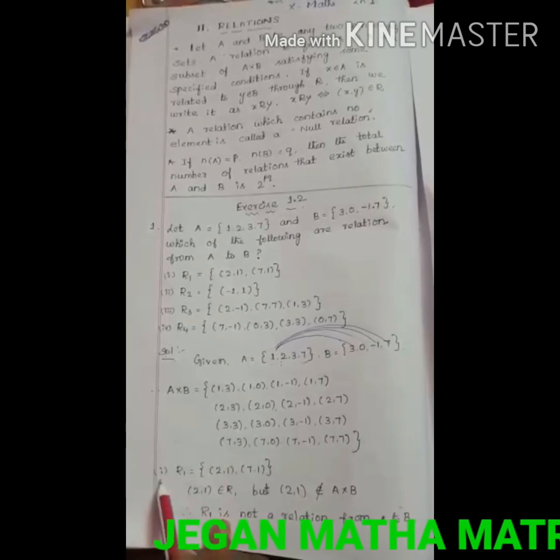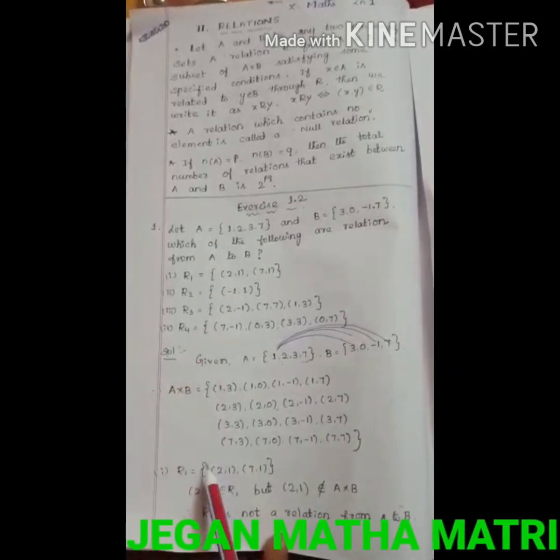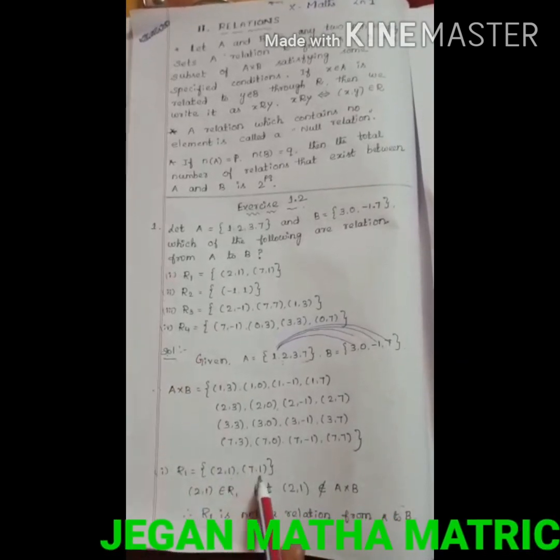So the first one, relation 1, is given as (2, 1), (7, 1).